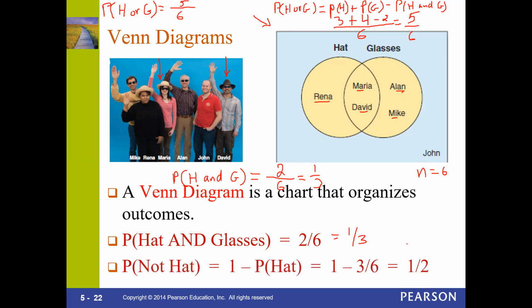If I say probability of no hat, that's 1 take away P of hat. So how many people wear hats? It's 3 people out of 6. So I would say 1 take away 3 out of 6. So how did they get 1/2?